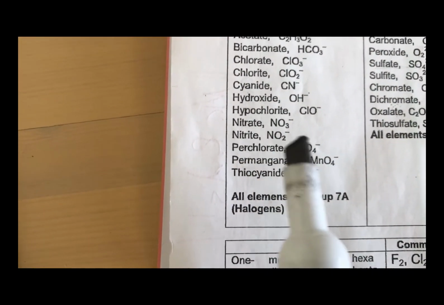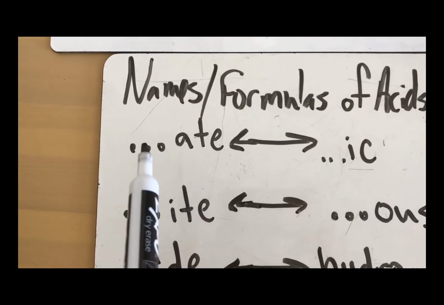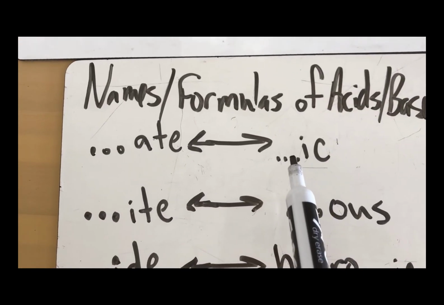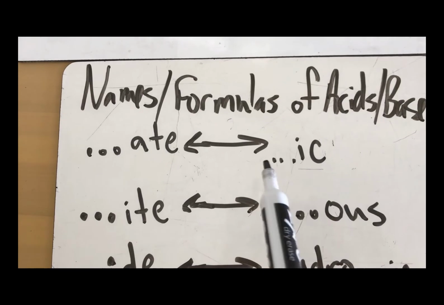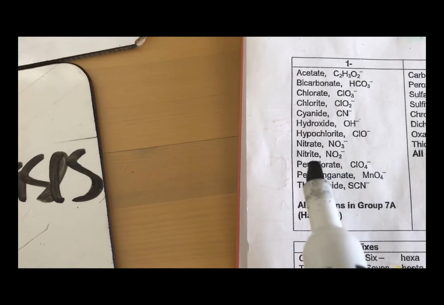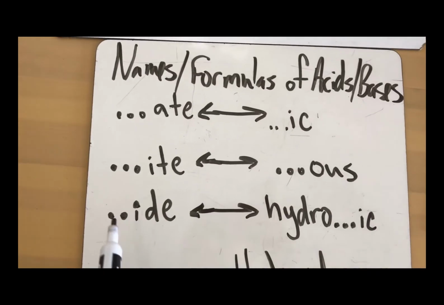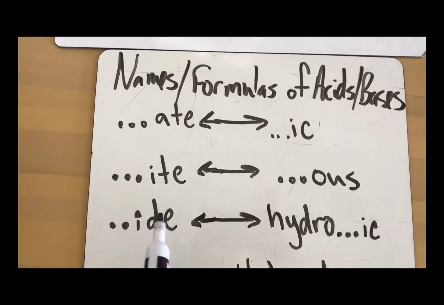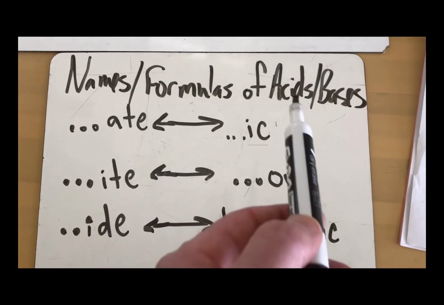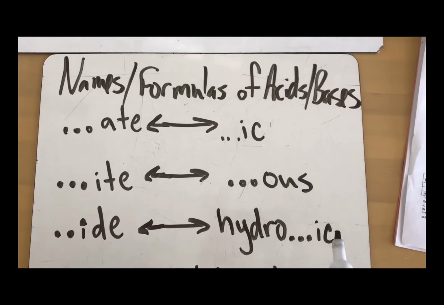If it was HNO3, according to these rules it would be hydrogen nitrate, and we would change it to nitric acid. So ate changes to ic, ite changes to ous, and the last one is ide. So if I had hydrogen chloride as an acid, I would call it hydrochloric acid.